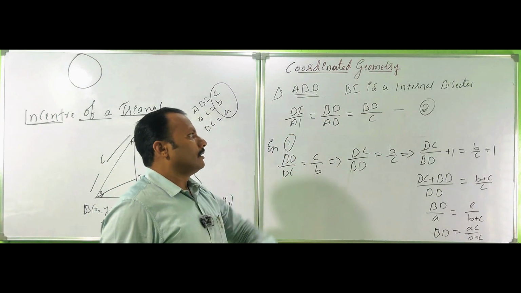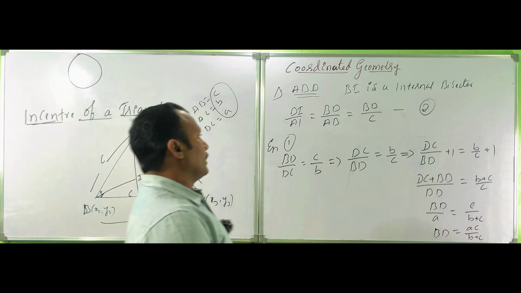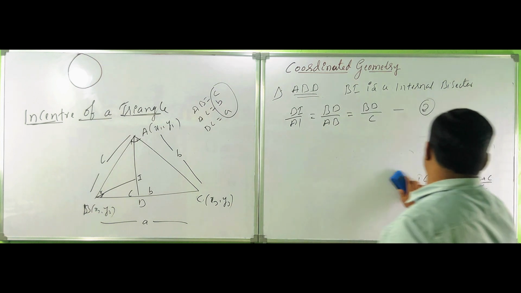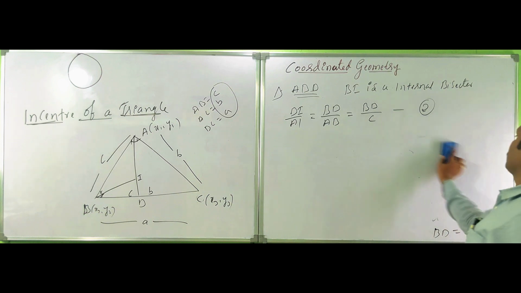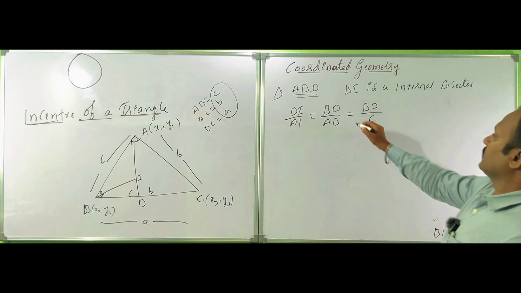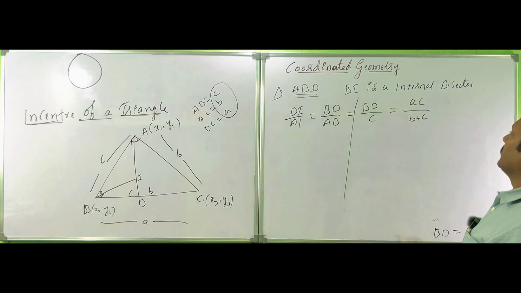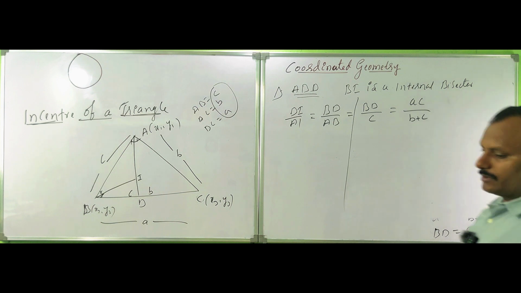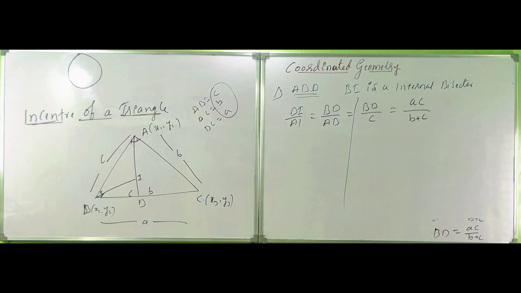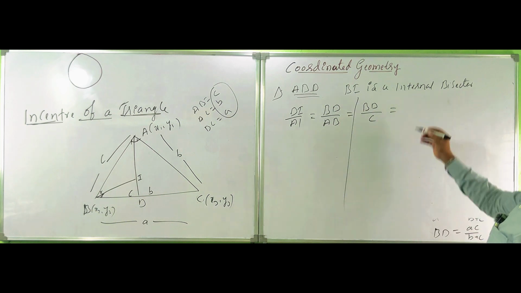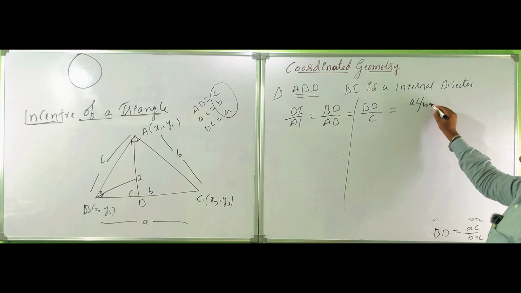Then you can find the ratio DI by AI. What is BD? ac by (b + c), divided by c.